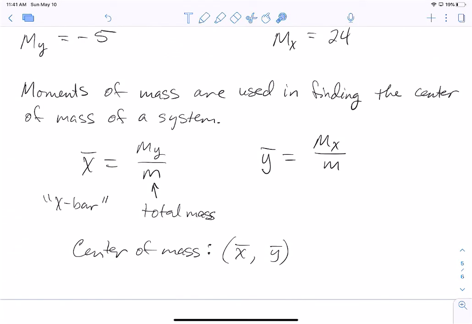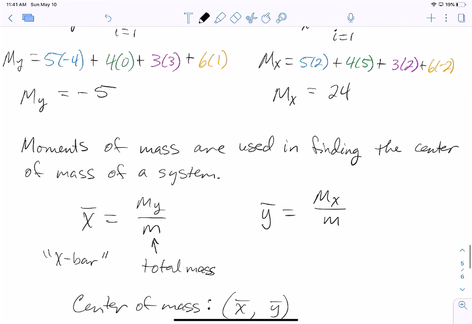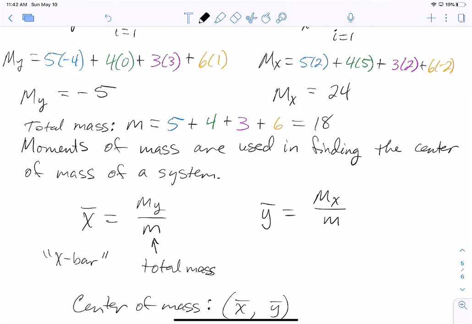And so if we take a moment about the y-axis and divide it by the total mass, then we get the x-coordinate of the center of mass, which is x bar, likewise y bar. In our case here, our total mass is just the sum of the masses that we had. And so 5 plus 4 plus 3 plus 6 is the total mass. That gives us a sum of 18.